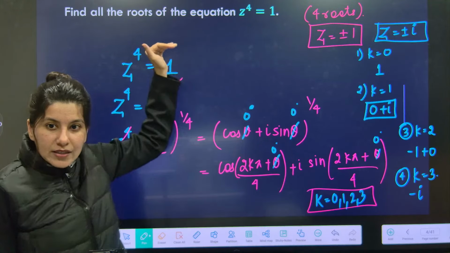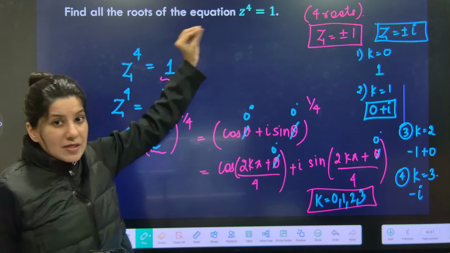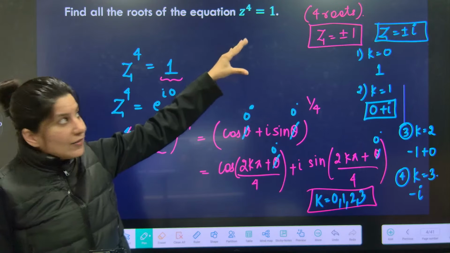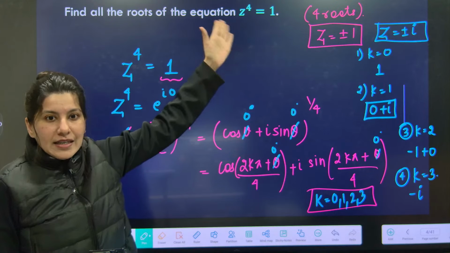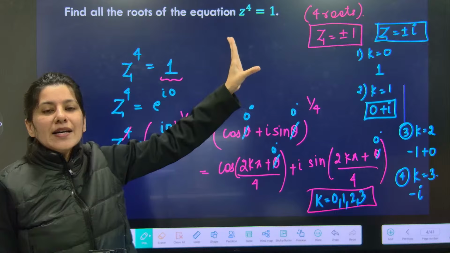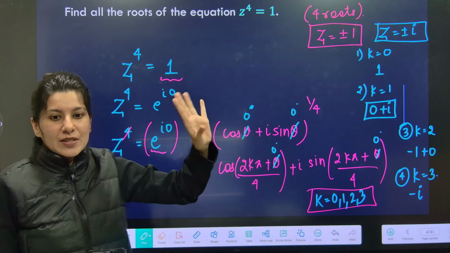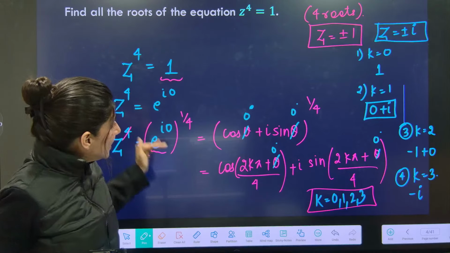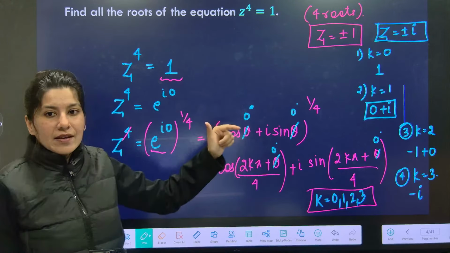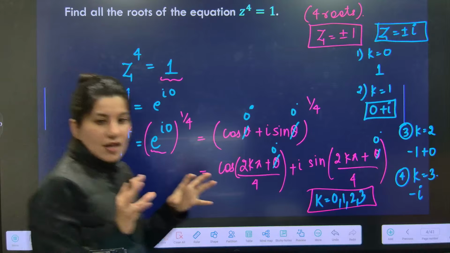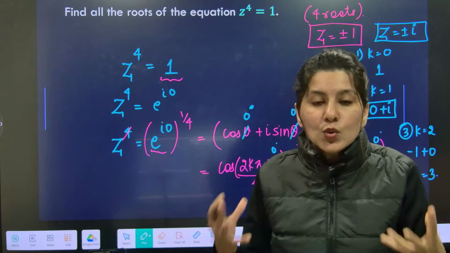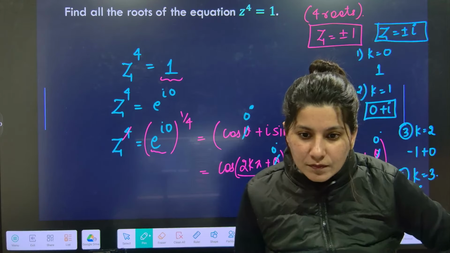But I am trying to teach you with a basic simple example where we know the answer beforehand. We will have to apply de Moivre's theorem in an upcoming question. The agenda of my explaining is how to apply it.